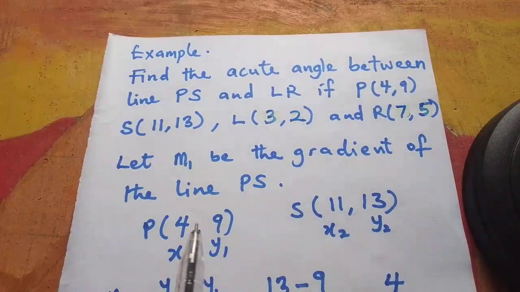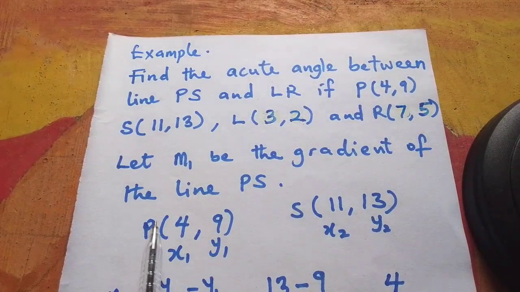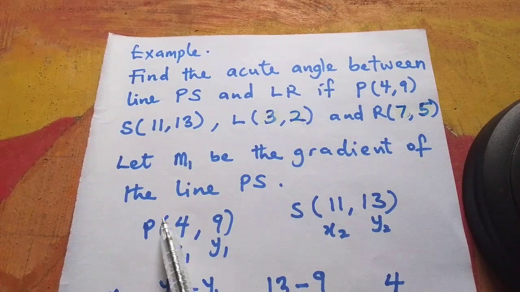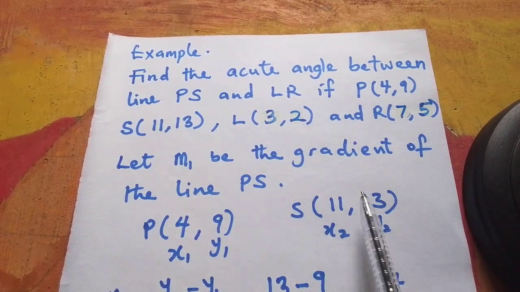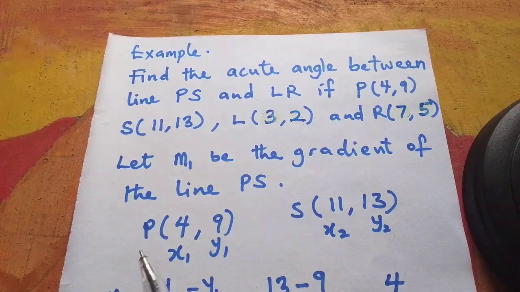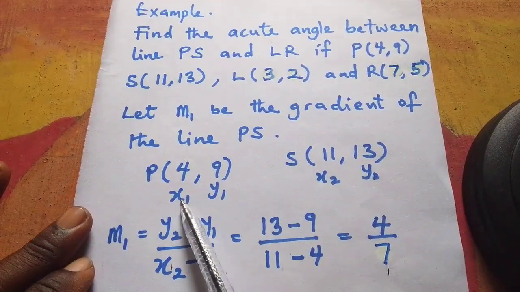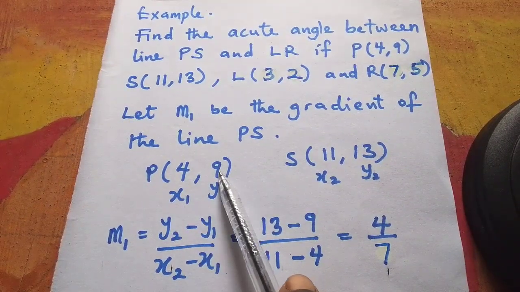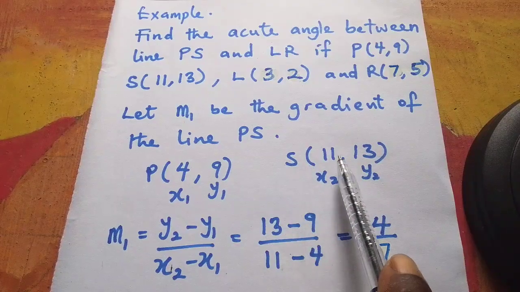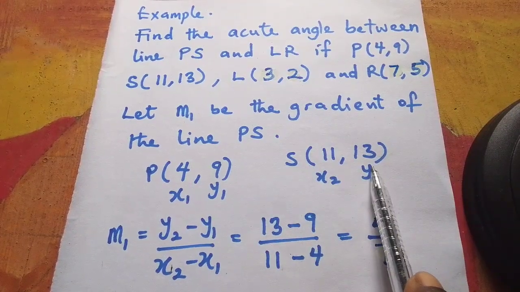First of all, let's look for the gradient of PS. We have the lines PS and LR. This is the coordinate of P and this is the coordinate of S. For P, x1 is 4 and y1 is 9, and for S, x2 is 11 and y2 is 13.